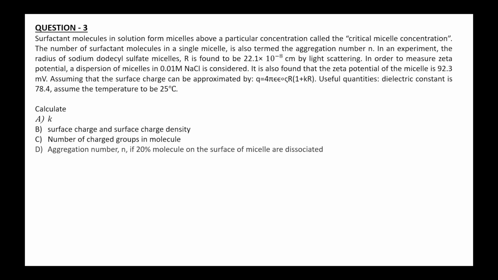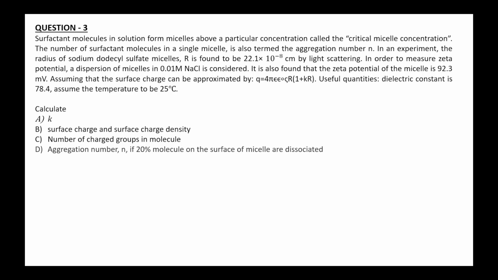It is written that to measure the zeta potential, a dispersion of this micelle in 0.01 molar NaCl is considered. The zeta potential is found to be 92.3 millivolt. They have given that the surface charge can be approximated as 4 pi epsilon naught times zeta potential times R times 1 plus kappa R. Useful quantities are given.